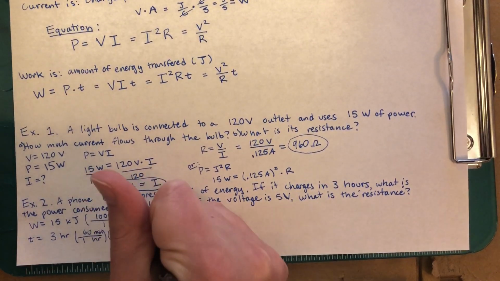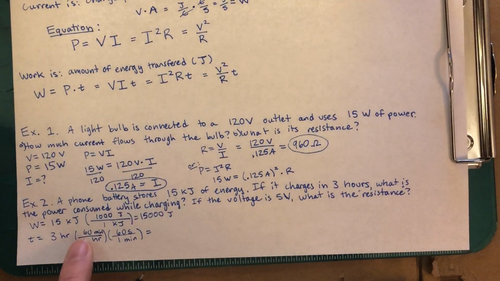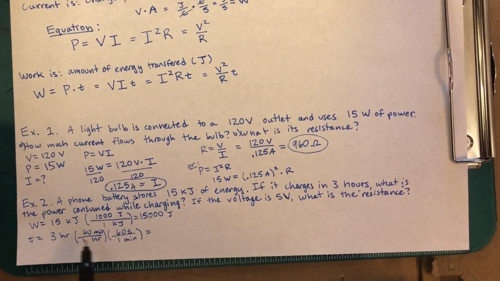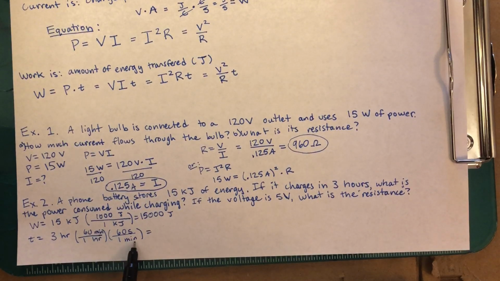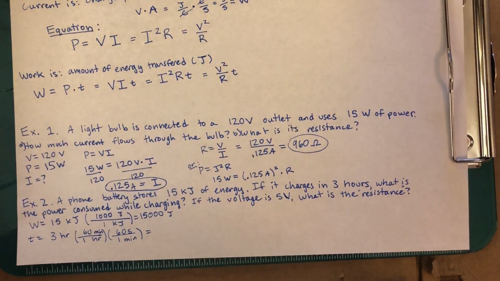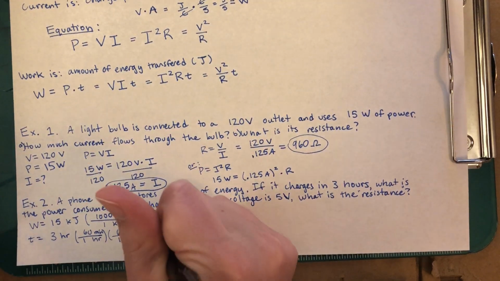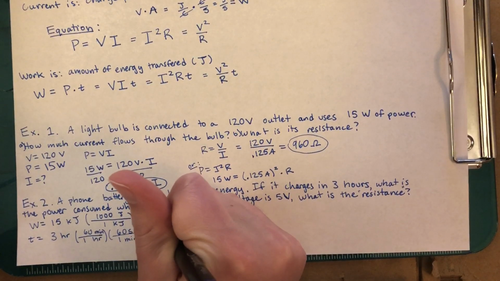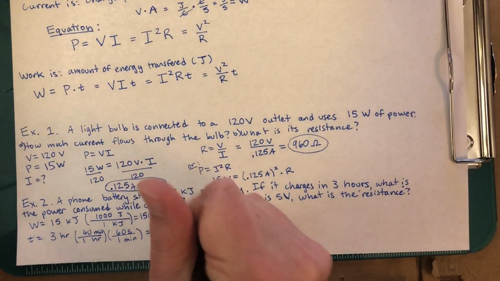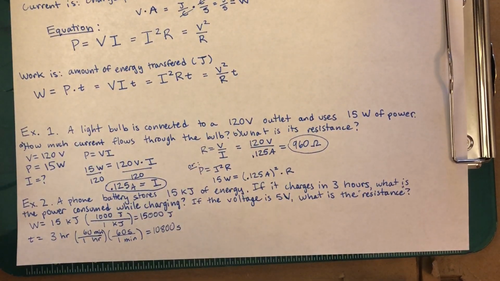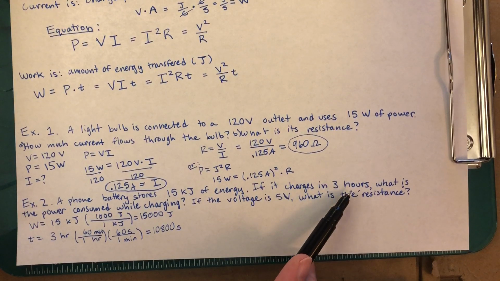Or you can just know that there's 3,600 seconds in an hour. Hours cancels with hours, minutes cancels with minutes, and our answer will be in seconds. 3 times 60 times 60 equals 10,800 seconds.